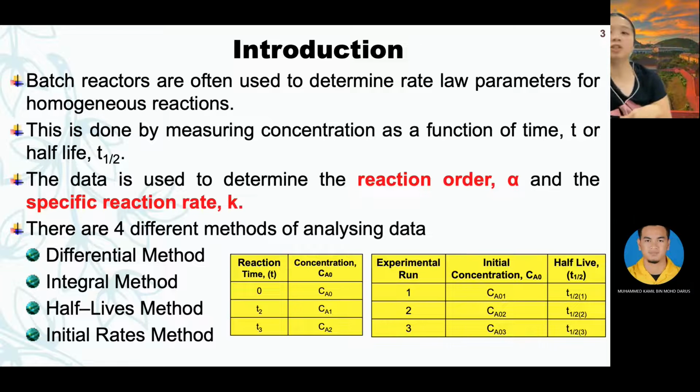Another method is using the half-life method. Kalau half-life method, the data that you collect are already different. It's no longer concentration versus time, which we will learn later when we learn the half-life method.